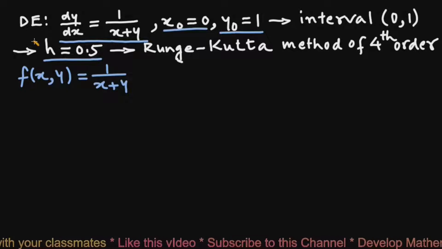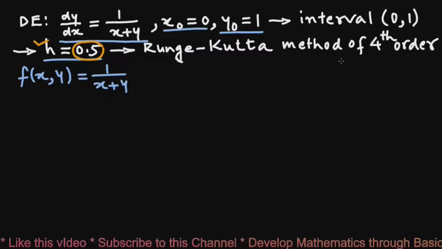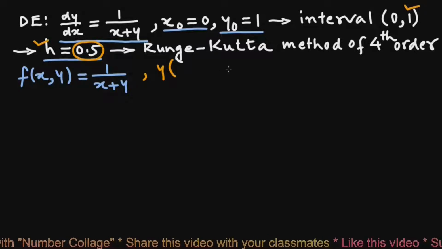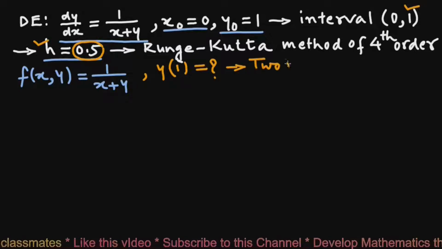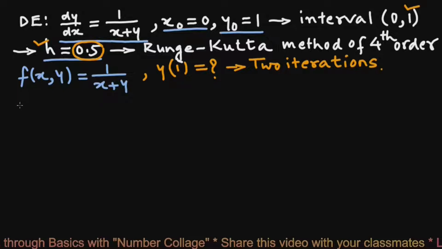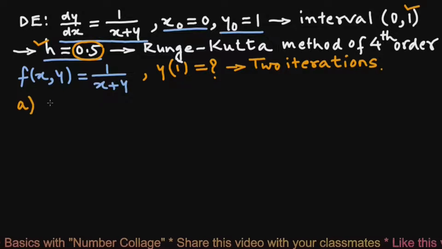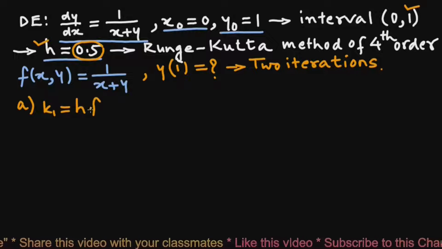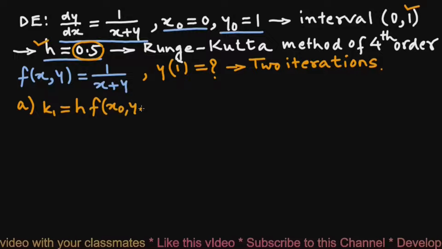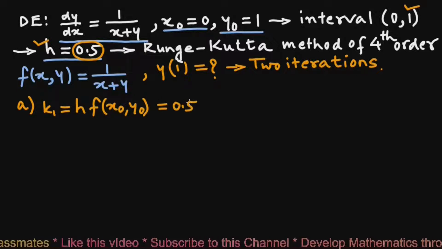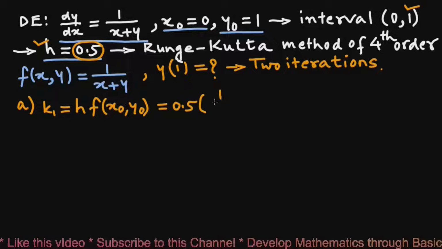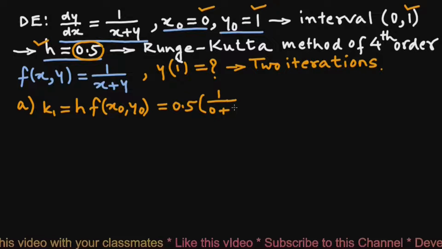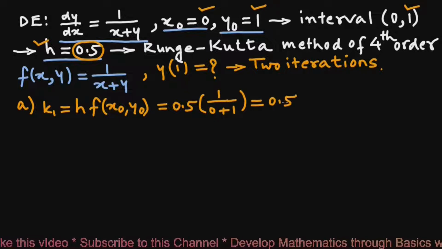Since the step width is 0.5 and we have to find y when x equals 1, we have to carry out two iterations. So in first iteration, we will find k1 equals h times f of x0, y0, that will be 0.5 multiplied by 1 upon this 0 plus this 1, which will be 0.5.